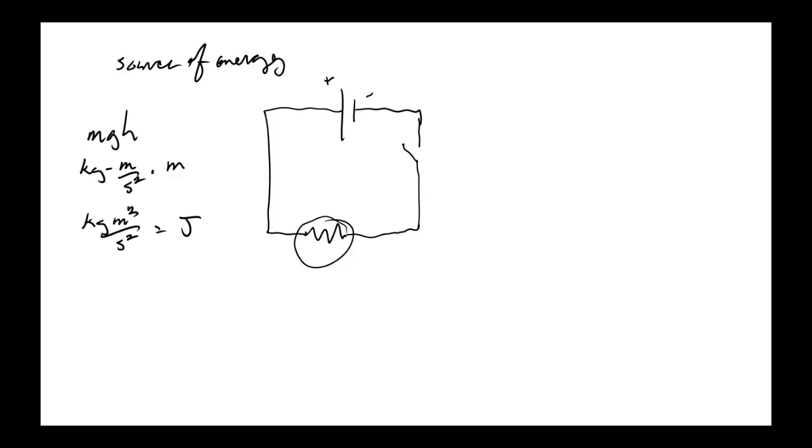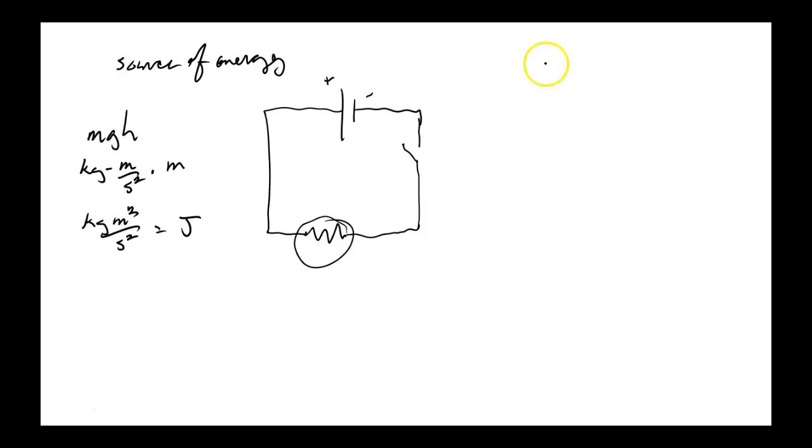The charges. And does anyone remember what we measured charge in? Named after a French physicist. Coulomb. Excellent. So, what your source of energy is, is how much energy you give each charge carrier.